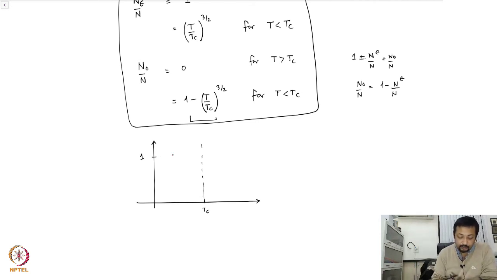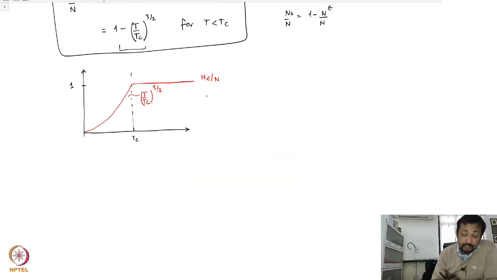Then this is going to be n epsilon over n, the number of particles in the excited states, for T greater than Tc, and this goes as T over Tc raised to the power 3/2.